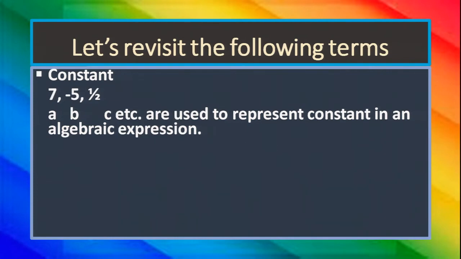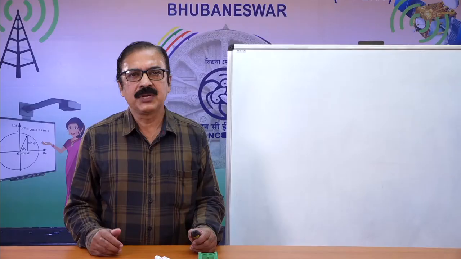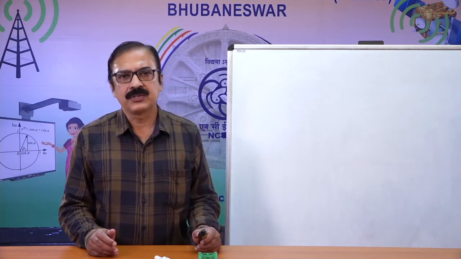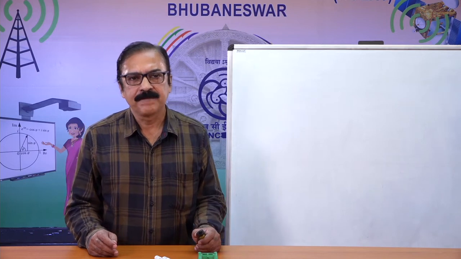They are not actually constants, but they can represent some constants in algebraic expressions, as we studied earlier in polynomials, the coefficient of x, coefficient of y as a, b, etc. So these letters can be used as constants in some cases.